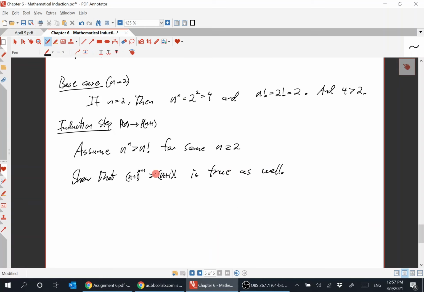All right. So actually, I'm gonna flip it around. I'm gonna start with the n plus 1 factorial. n plus 1 factorial is equal to n plus 1 times n factorial, as we discussed. Right, and by the induction hypothesis, we get what?